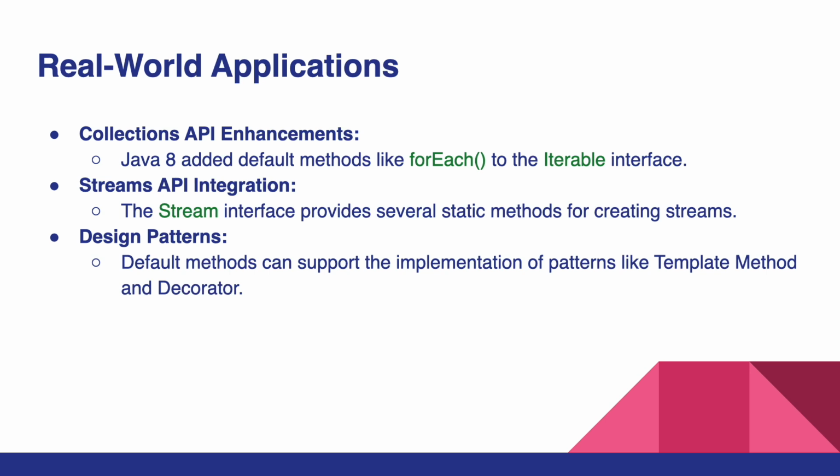Similarly, the Stream interface includes static methods for stream creation, making it easier for developers to work with functional programming paradigms in Java. These changes reflect the practical benefits of default and static methods.